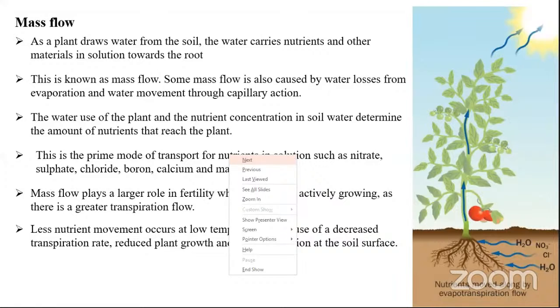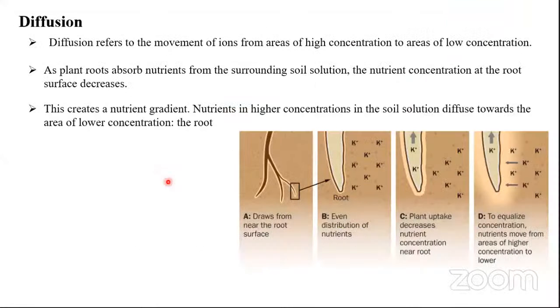And diffusion, students. Diffusion is nothing but, whenever a particular nutrient is involved, for example, here this is the root surface area. Whatever nutrient, whatever positive ion or cation, enters the root, the root will take it up and use it for its body activity.